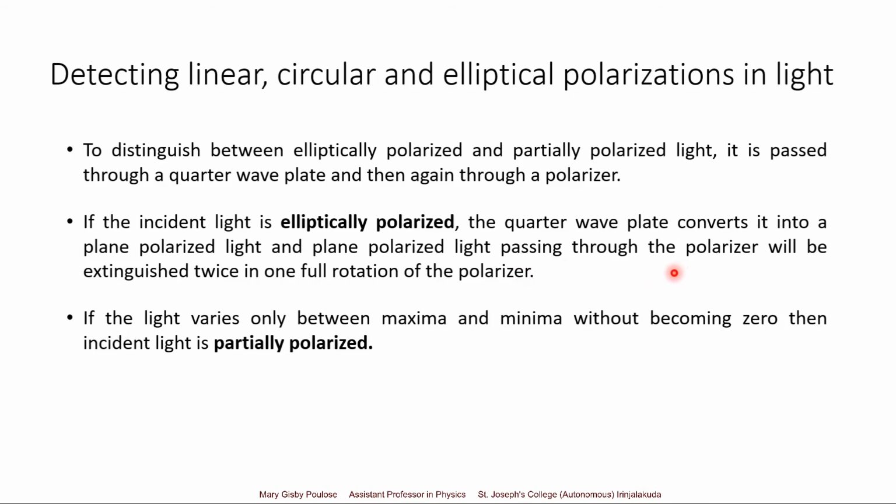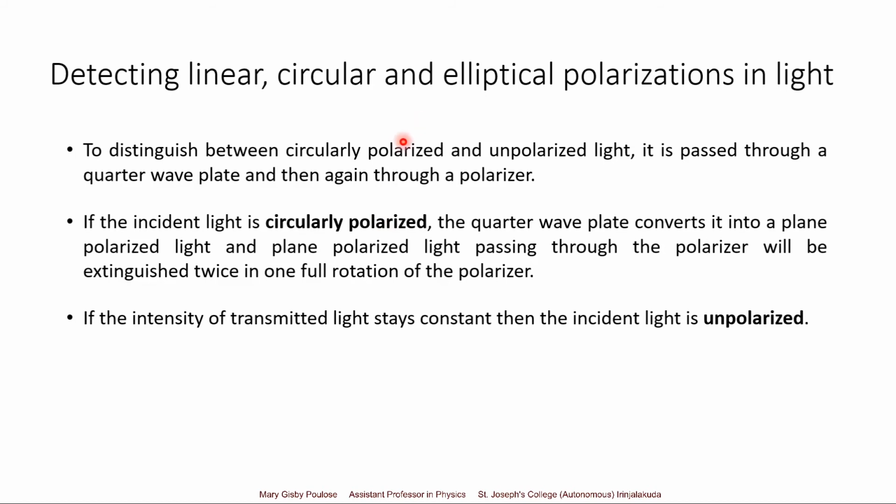Again, when the polarizer is rotated over one full rotation, the light will become zero twice. So we understand that the incident light is elliptically polarized. Again here, if the light only goes to a maxima and minima and does not become zero at the minima, then we understand that the incident light is partially polarized.